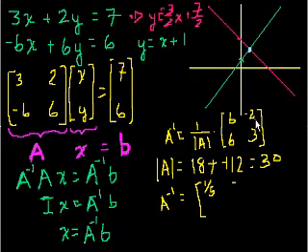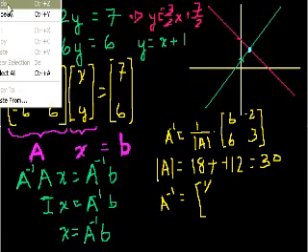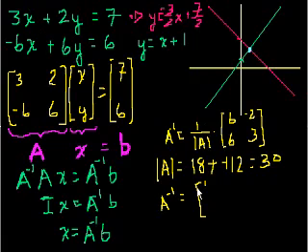I do want to keep it on the outside because it's going to make the later multiplications easier. So anyway, A inverse is equal to 1/30 times 6, minus 2, 6, 3. That's A inverse. So now let's solve for x and y.